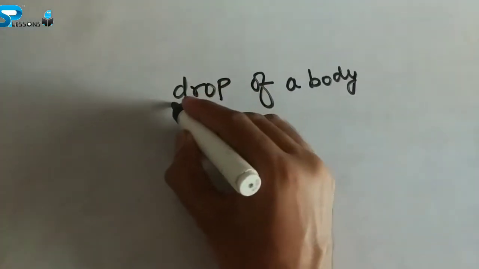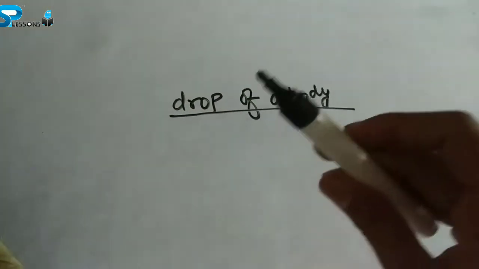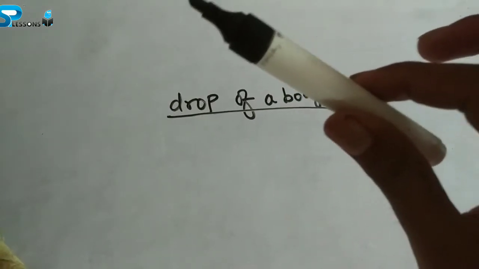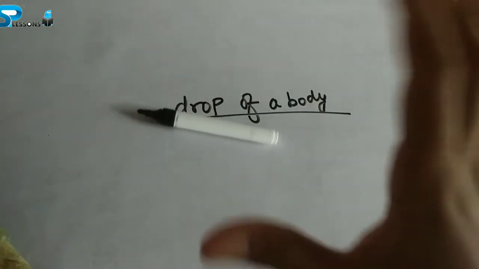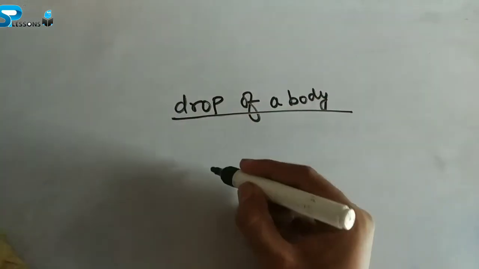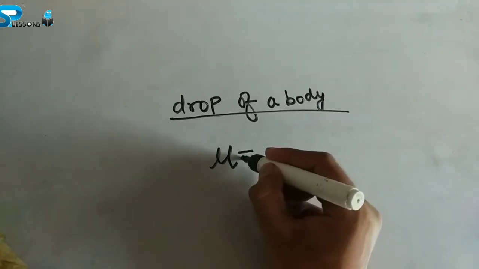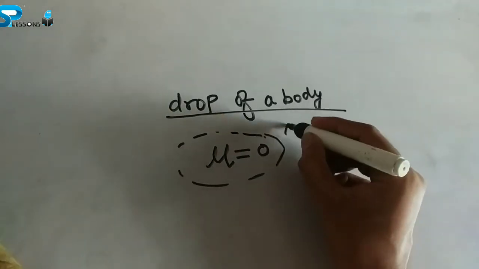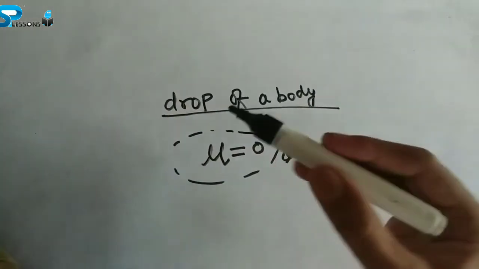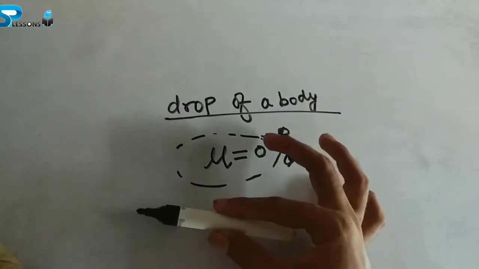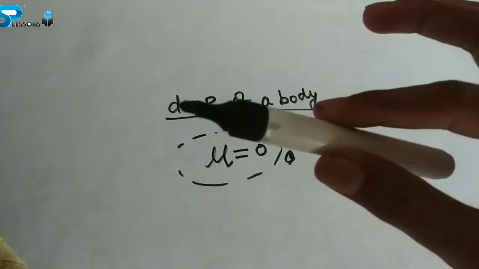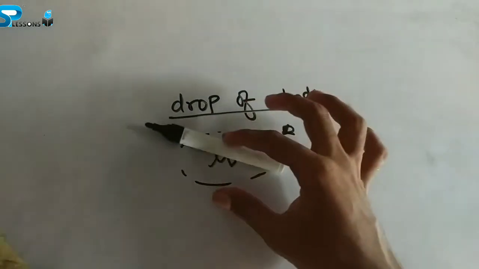Now see, the drop of a body means when we drop a body like this, we don't give any initial velocity. This is the drop. So when we drop a body under the effect of gravity, the initial velocity is 0.